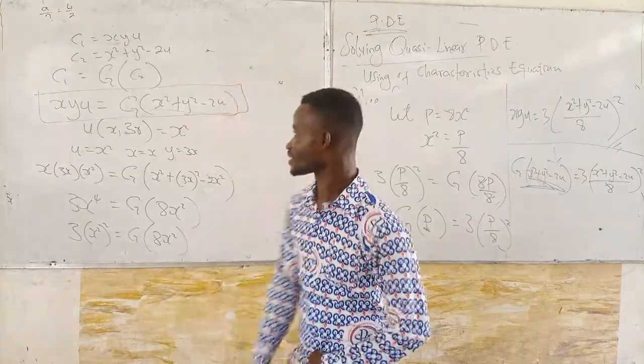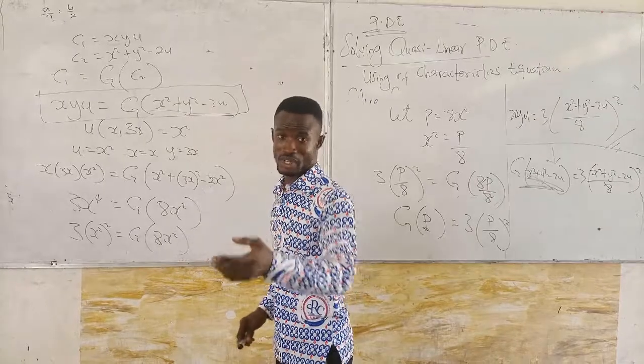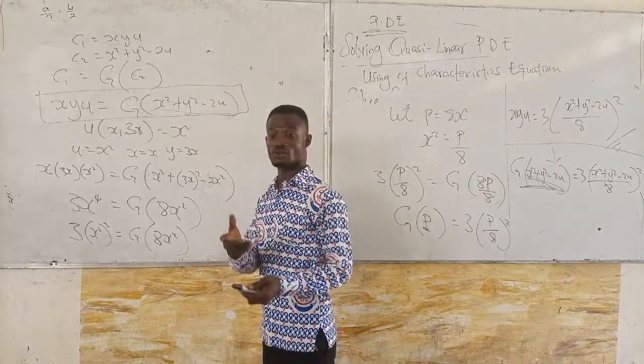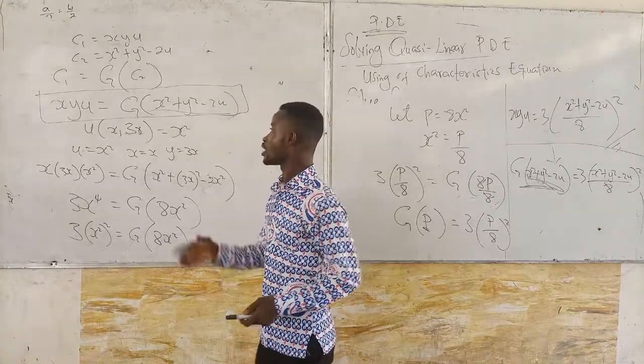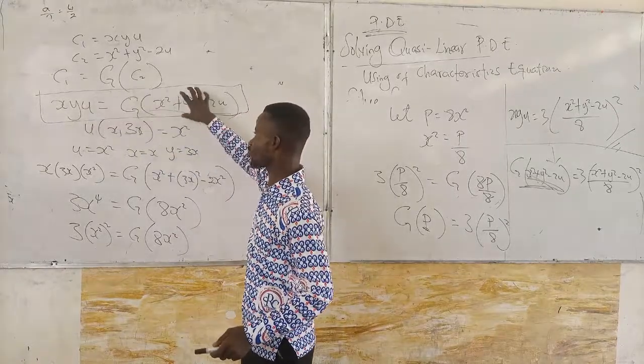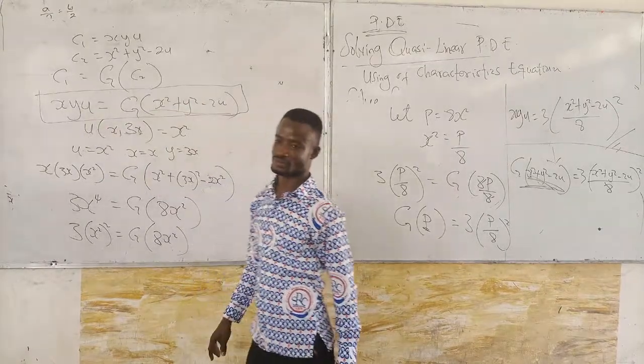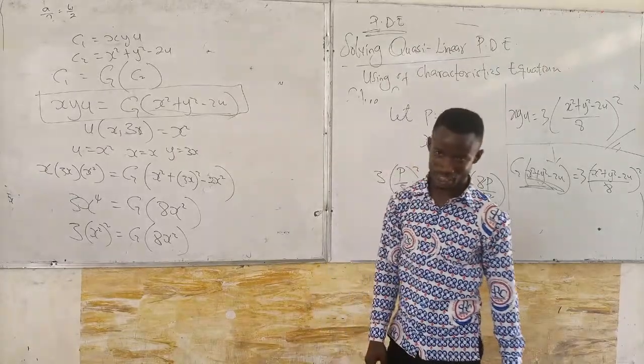Somebody is asking, how do I choose whether this is to be inside or this is to be here? You relate one to the other, and any of it will go back to work.